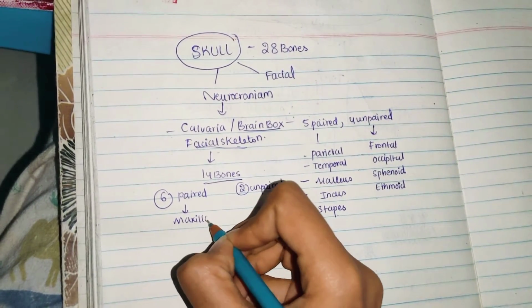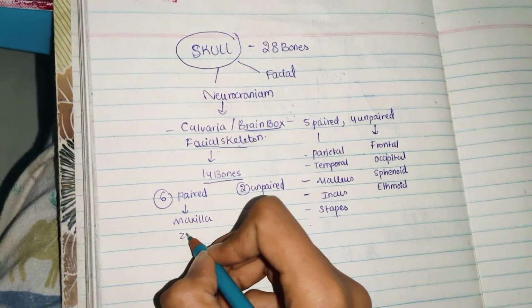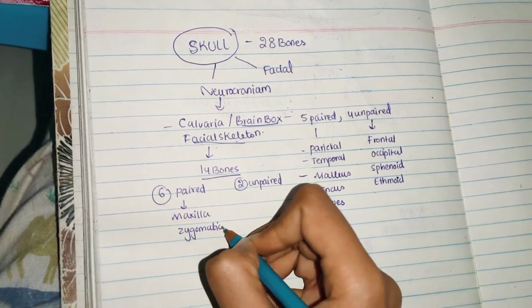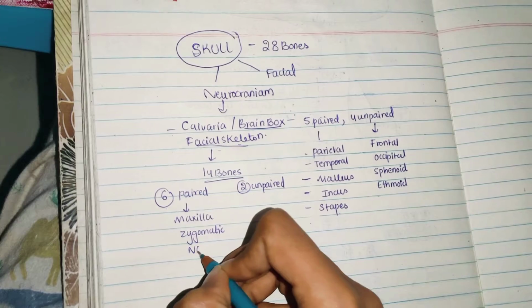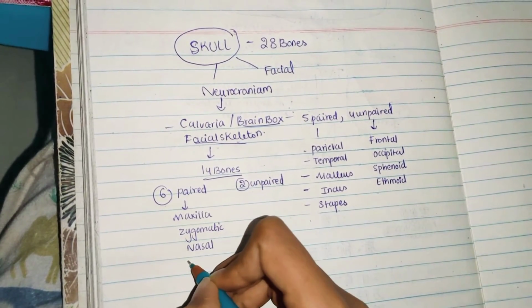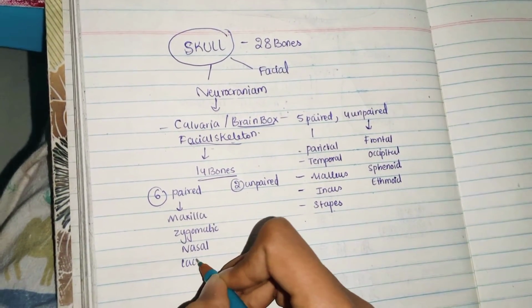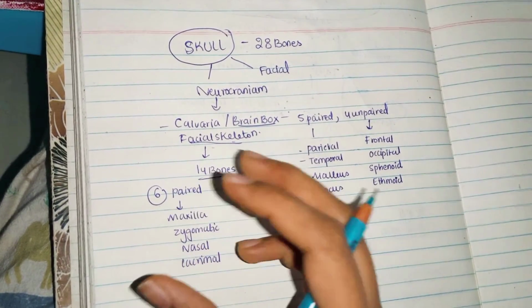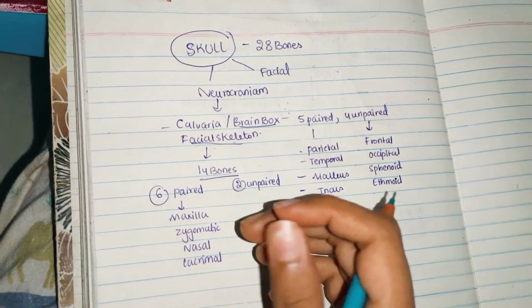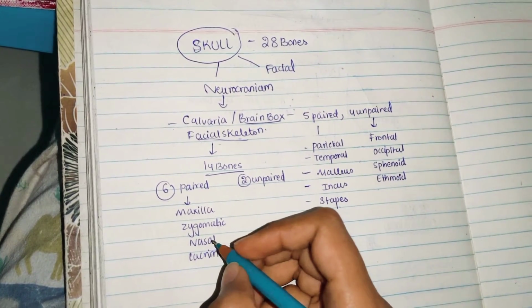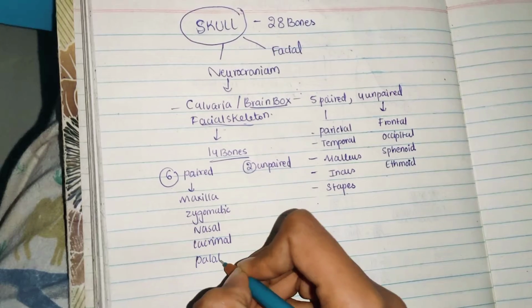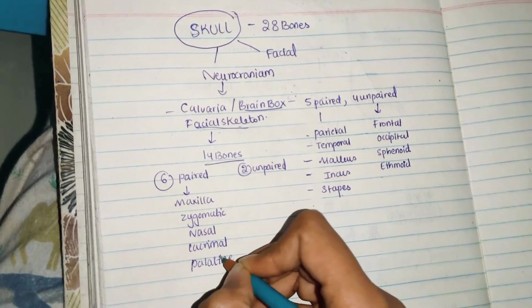Maxilla you have 2 bones, and you have zygomatic cheekbones. These are also 2 on 2 sides, and you have nasal bones 2 on 2 sides, and lacrimal is actually present inside your bony eye socket. If you see the side, towards the side you'll have lacrimal, a very thin bone. There are also 2. And you have palatine bones, also 2.